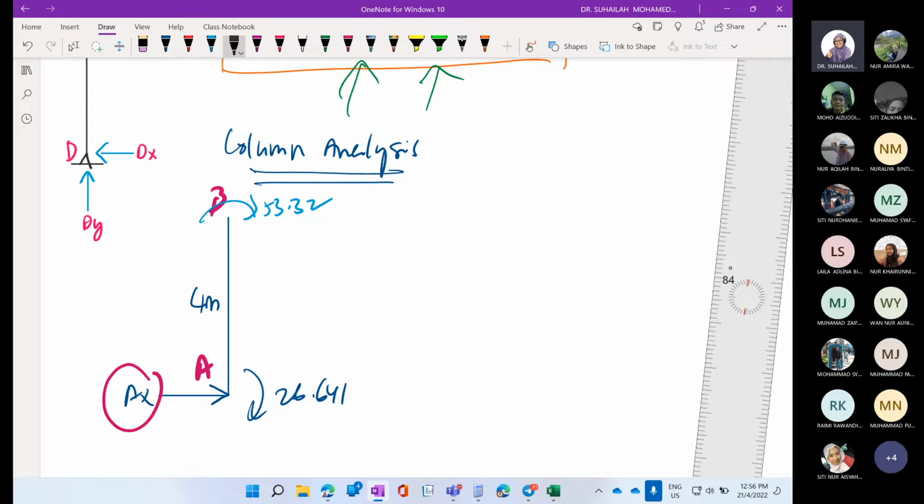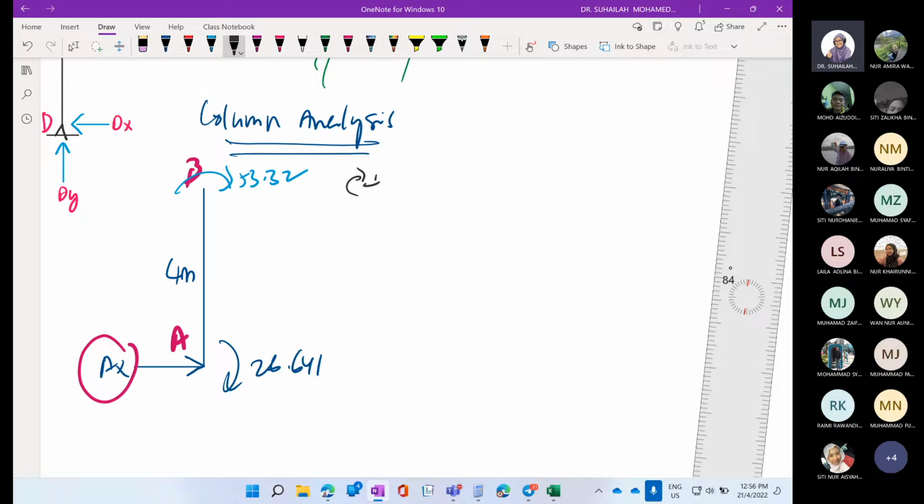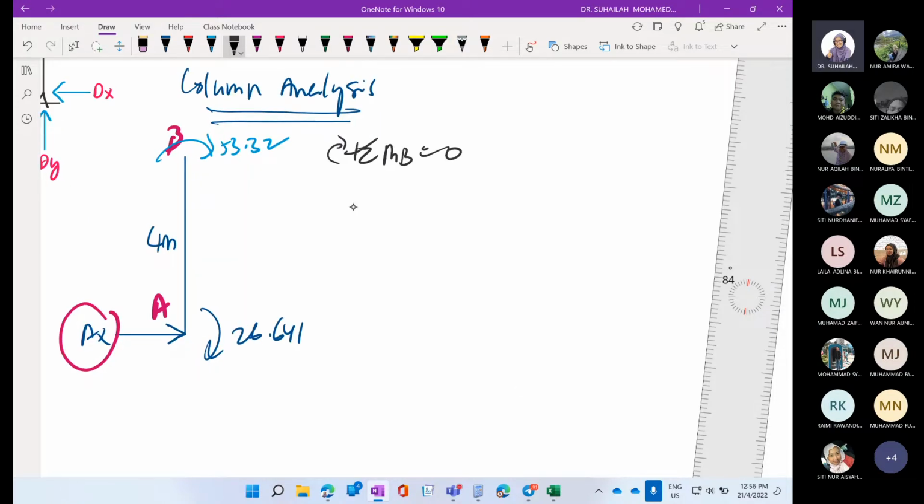Analyze this column to determine AX. What should we get? Taking moment at B equal to 0. So what do we get? It is 53.32 plus 26.641 minus 4AX equals 0.